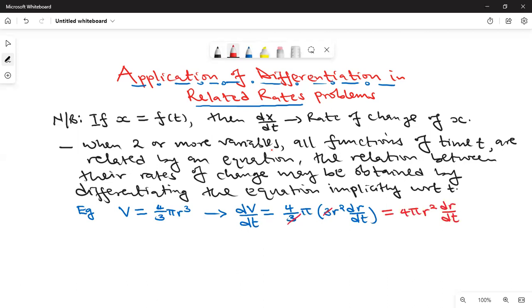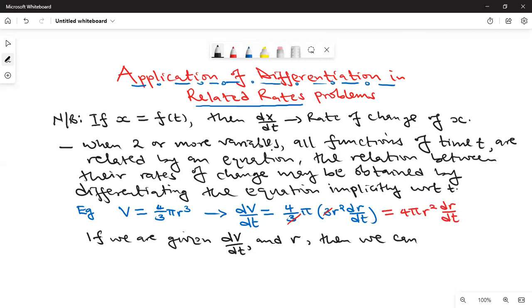So if we are given dV/dt and also the value of r, then we can find dr/dt by the formula.